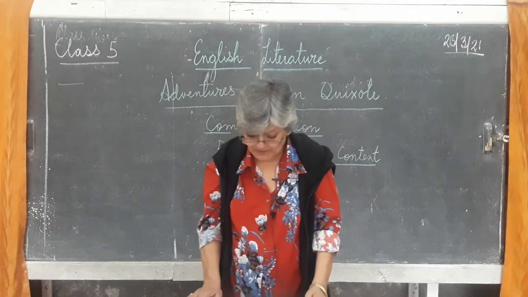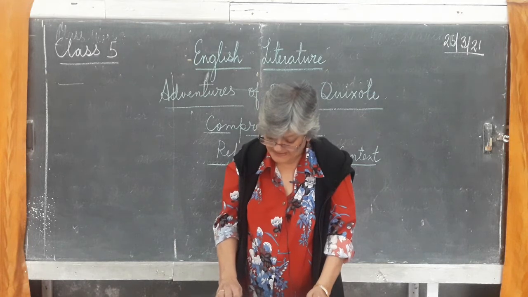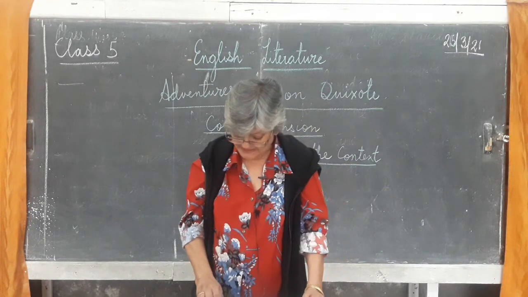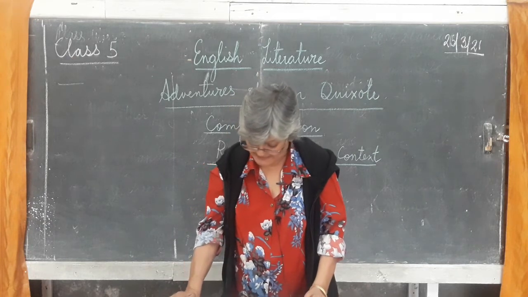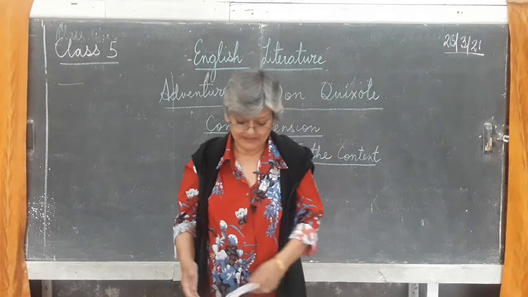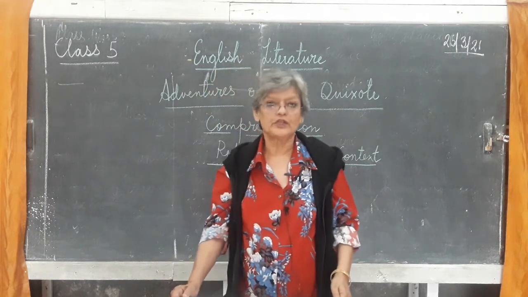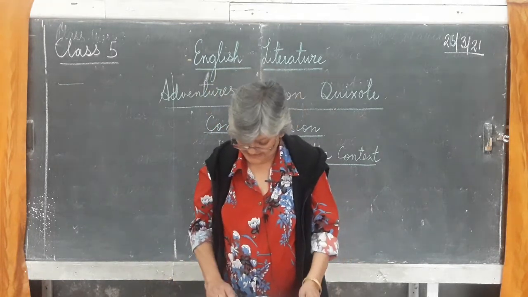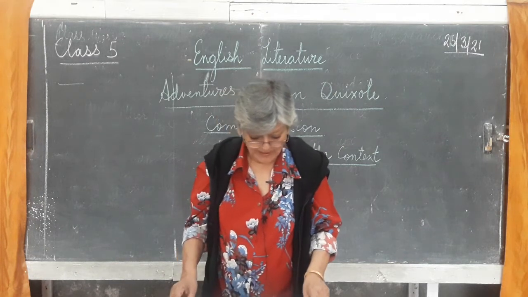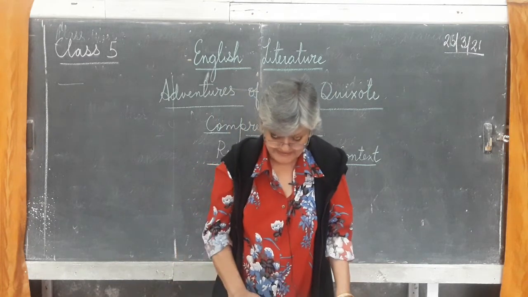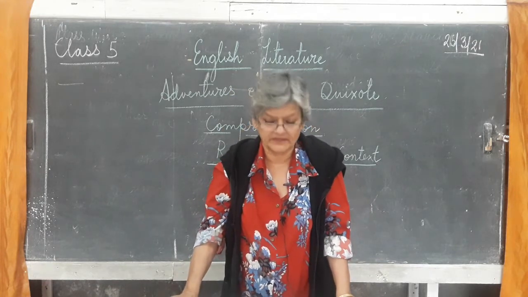Now next, number 4. "Yes, I will be a knight and I will fight against errors wherever I find them." Who is the speaker in these lines? Again, the speaker is Don Quixote. What made him decide to become a knight? Now, why did he want to be a knight? A knight is like a warrior.